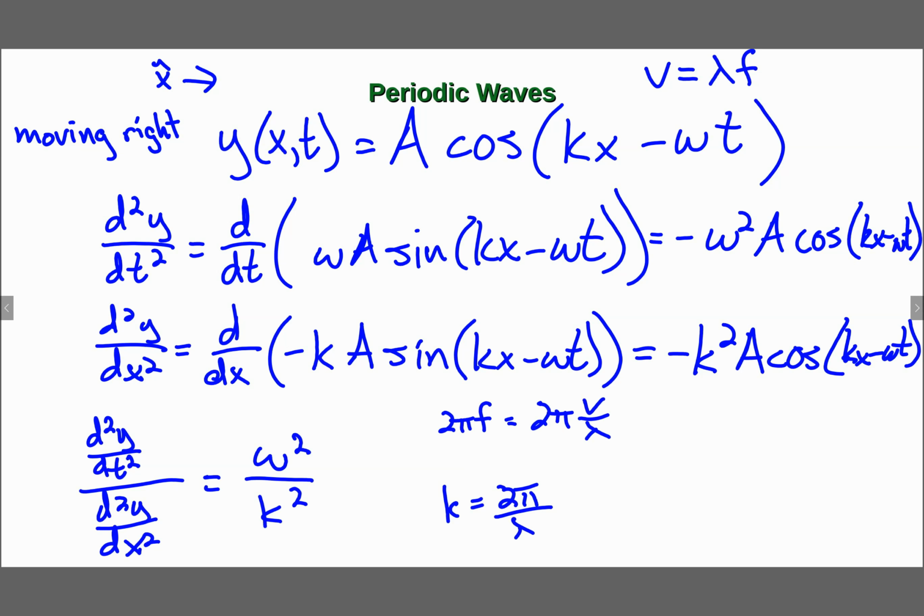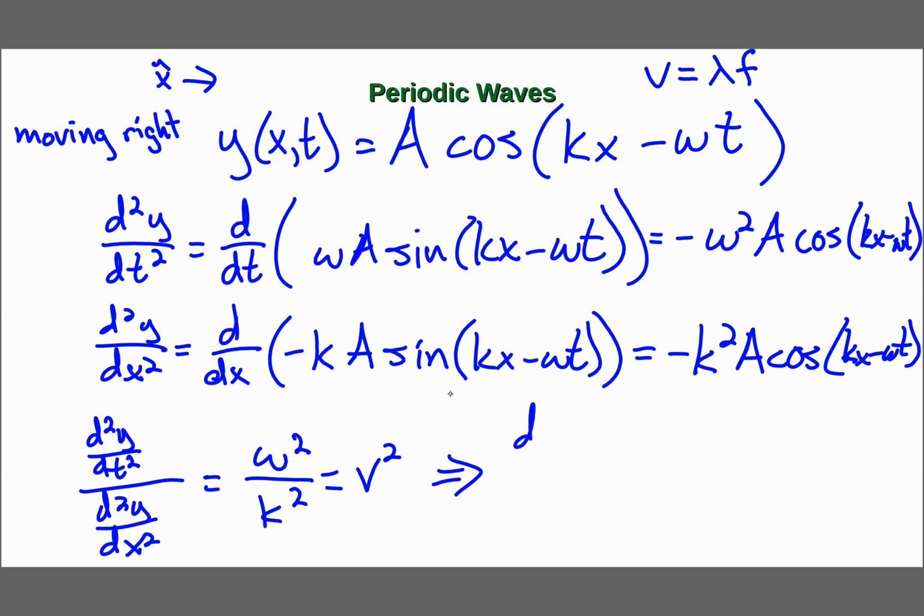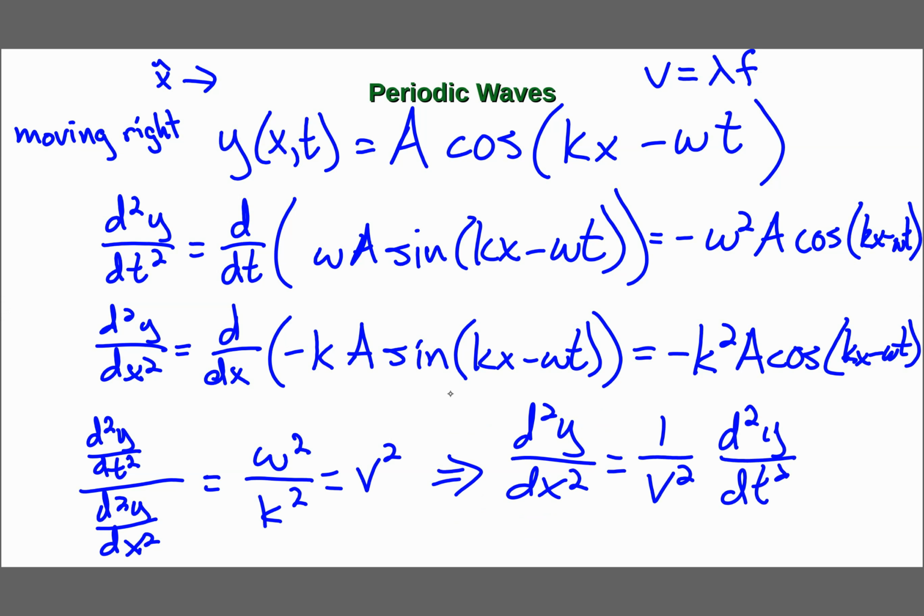Okay? And these 2 pi's over lambdas cancel, and then what we end up with here is v squared. So then I can do some real simple algebra here and get d squared y over dx squared equals 1 over v squared d squared y dt squared.